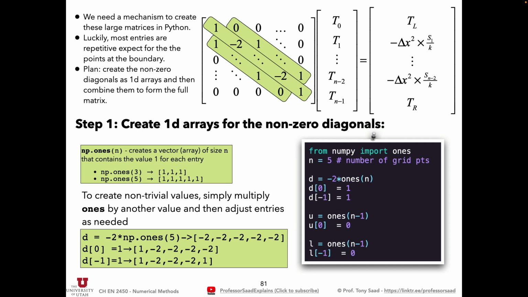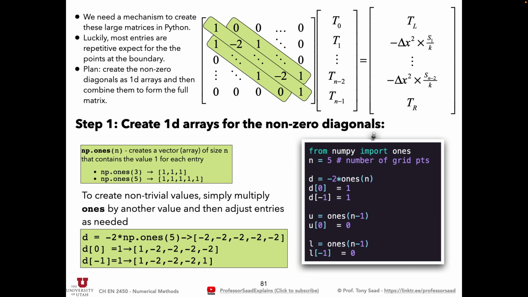Now, to do the main diagonal, which consists mostly of -2, we do the same thing, numpy.ones, multiply it by -2, and then fix the endpoints, which are 1 and 1. So the first entry in that main diagonal is 1. The last entry is also 1.